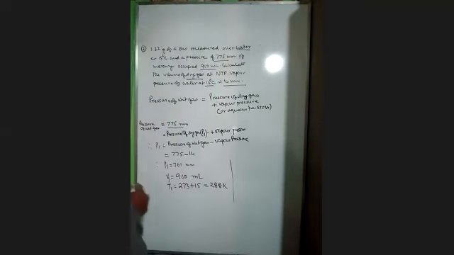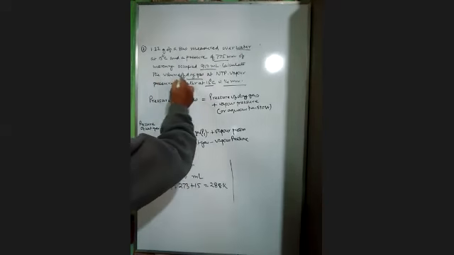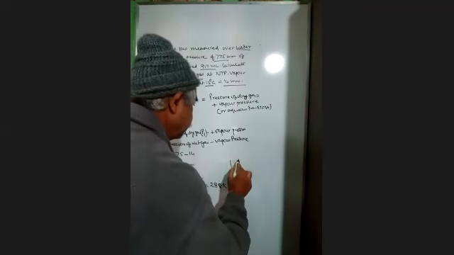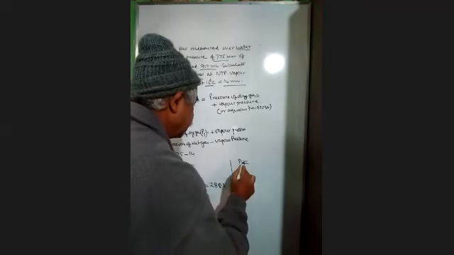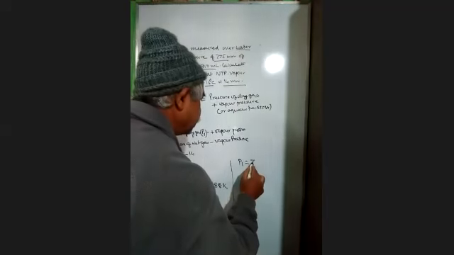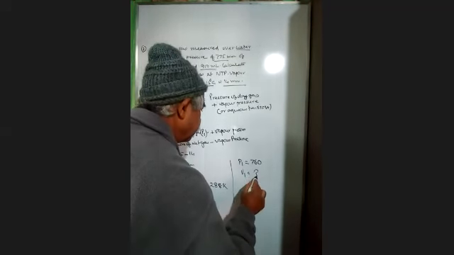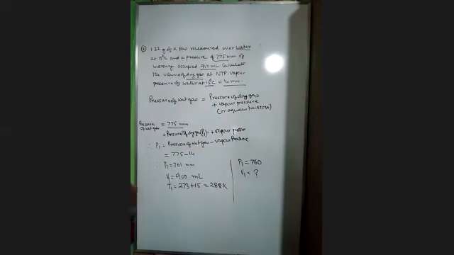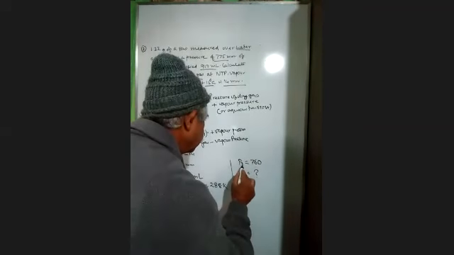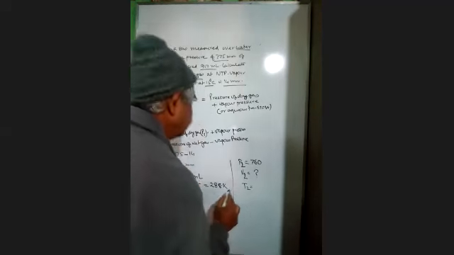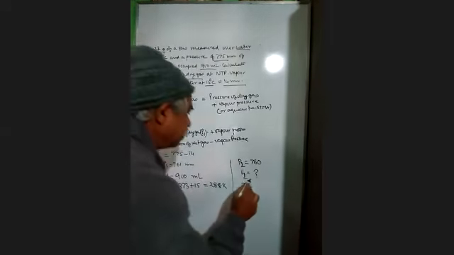Now, what they want is the volume of dry gas at NTP. So for dry gas, P2 is 760, V2 we have to find, and T2 is NTP, which means 273 Kelvin.